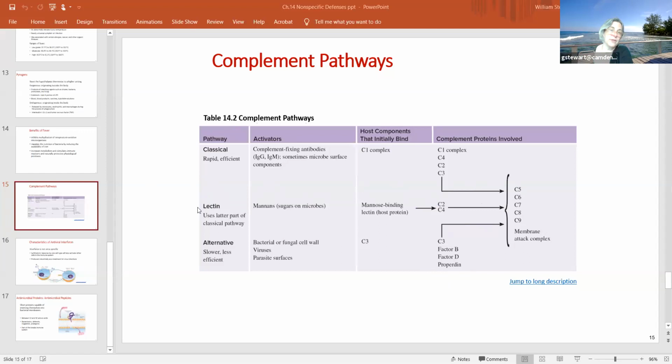Now, notice, bacteria, fungus, some viruses, and parasites, especially this alternative pathway, slower, less efficient because we're not using antibodies, we're not using immunoglobulin, but these two, the lectin and the alternative, are both truly non-specific.